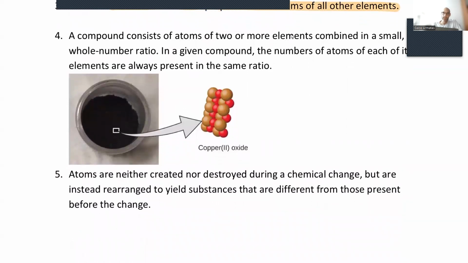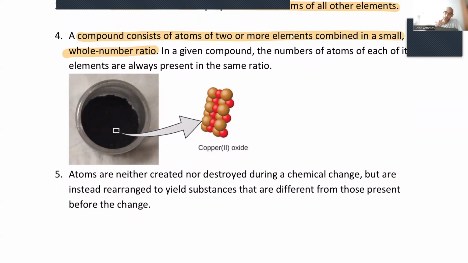Next one, now we're getting into compounds. Compounds consist of atoms of two or more elements in a small whole number ratio. H2O, we know, consists of two hydrogens, one oxygen. Copper oxide, one copper, one oxygen.